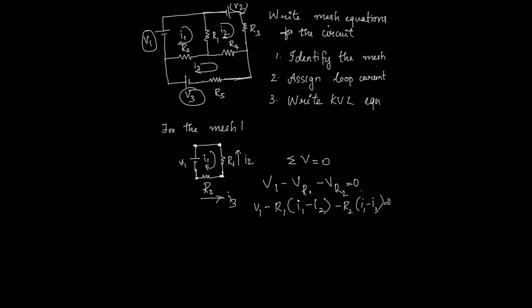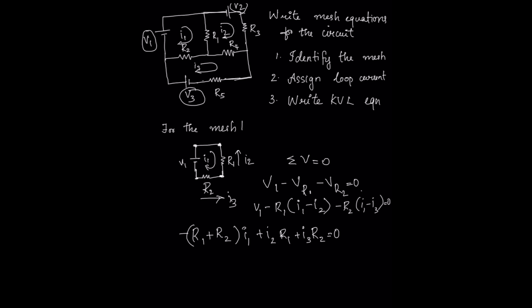Did you get it? How can we rearrange it? We can write it as minus R1 plus R2 into I1 plus I2 R1 plus I3 R2 is equal to 0.